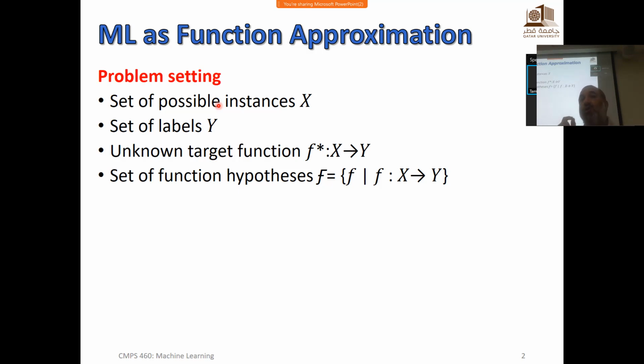And we also want to approximate a specific target function that we don't know. That target function actually maps from the data, the instances, to the labels. Is that the decision tree that we built?